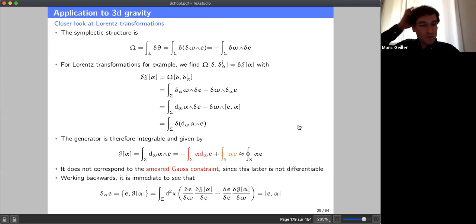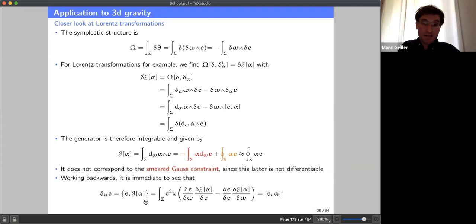Now we can also check explicitly the other thing which we mentioned yesterday, namely that by construction of the covariant phase space, once we have this integrable generator, this is such that when acting by Poisson bracket on the field, this generates precisely the gauge transformation that we started with. So this is the explicit computation. I compute the Poisson bracket between E and the generator J of alpha.